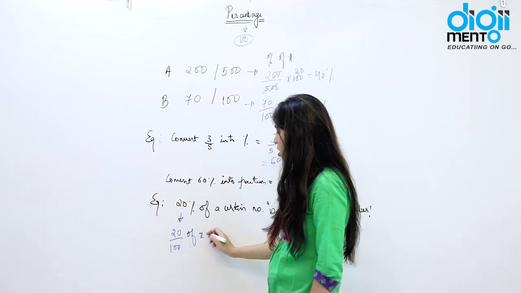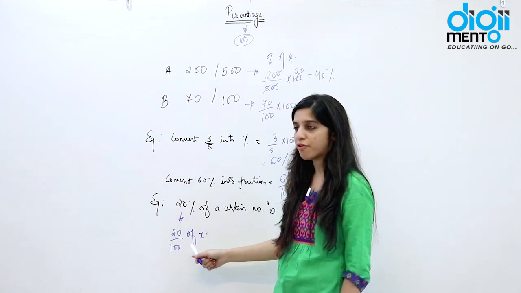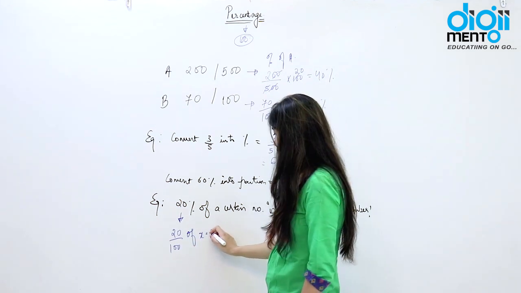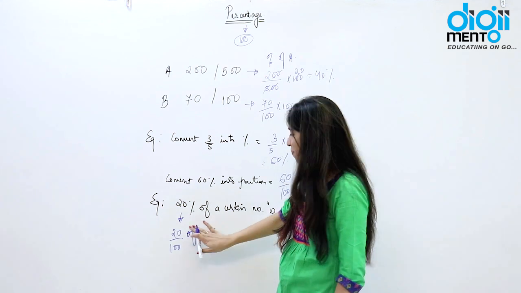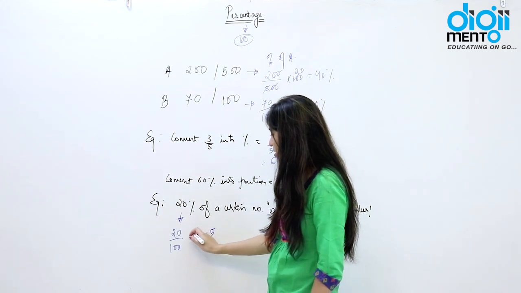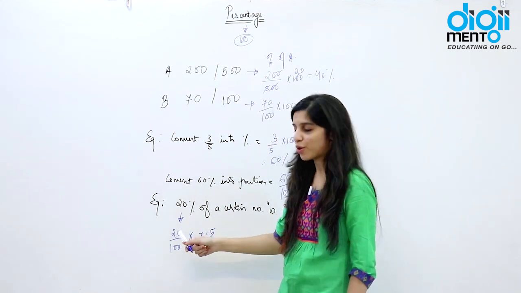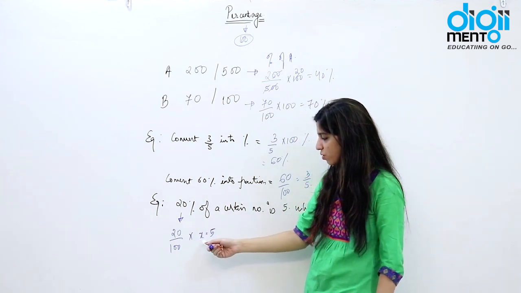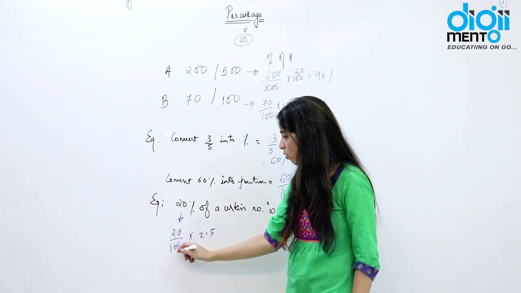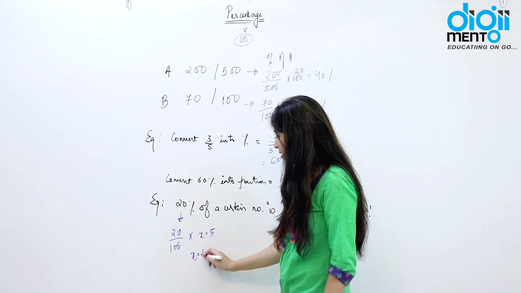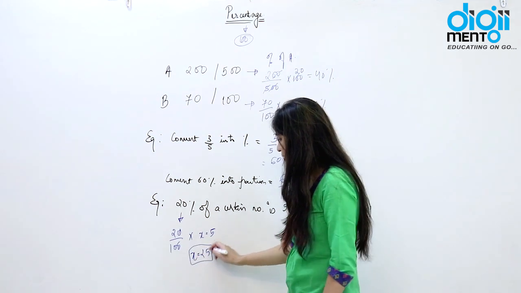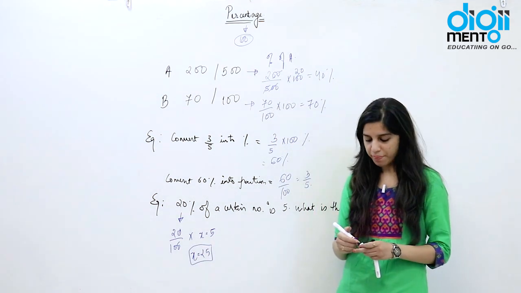So 20 by 100 of x is 5, right? You can replace this "of" with multiplication, because this much part of x was 5. Now if you solve it, x is going to be 25. So the number was 25, fine.